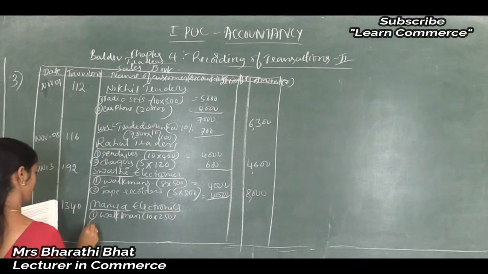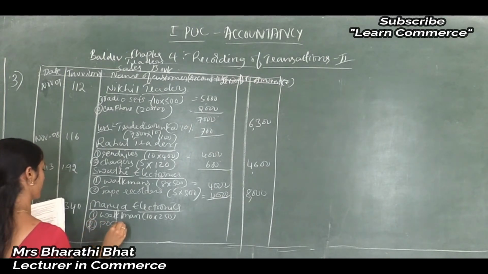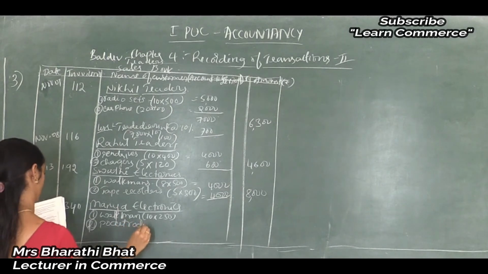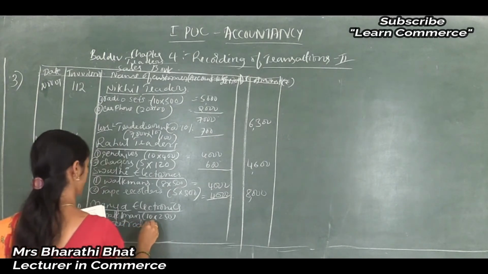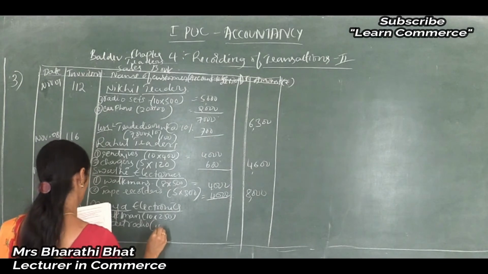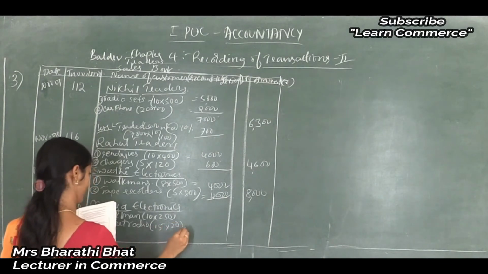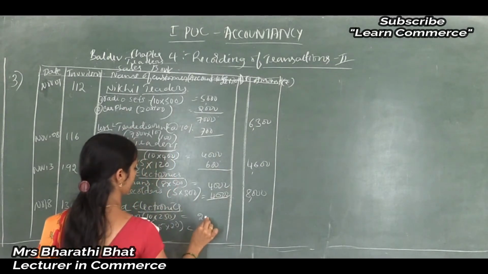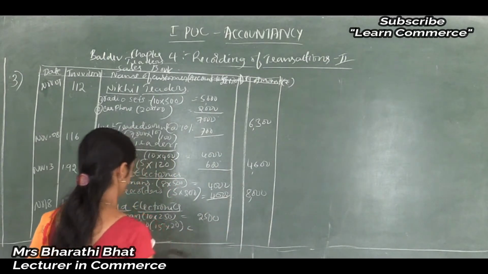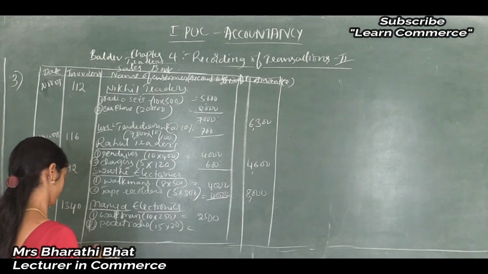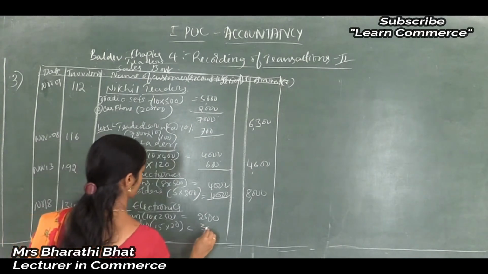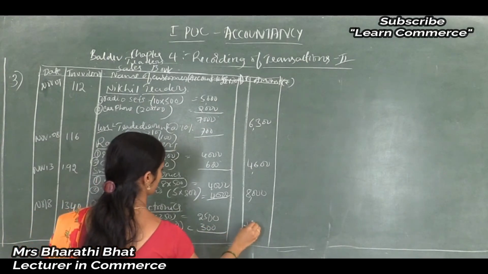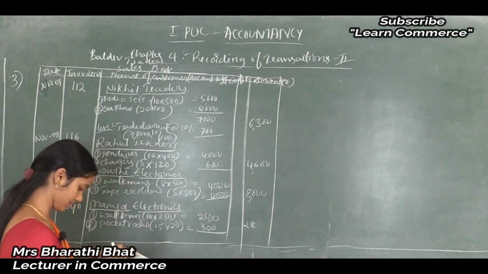And pocket radios at rupees 200, 15 into 200. Okay, so 2,500 and 15 into 200 is 3,000. Is there any discount?